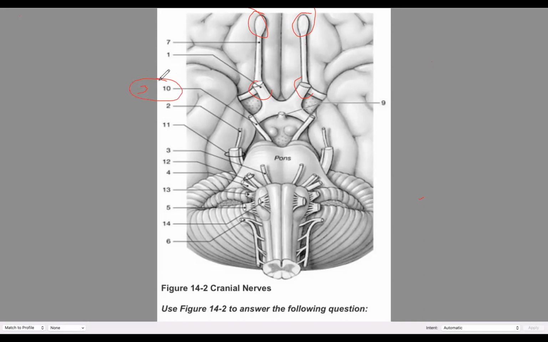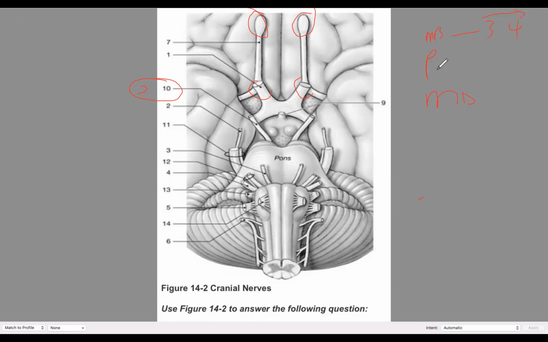The crayon F4. Because we said we have midbrain, pons and medulla. Is that correct? First, 3 and 4 are from the midbrain. We start from medial and go outwards.